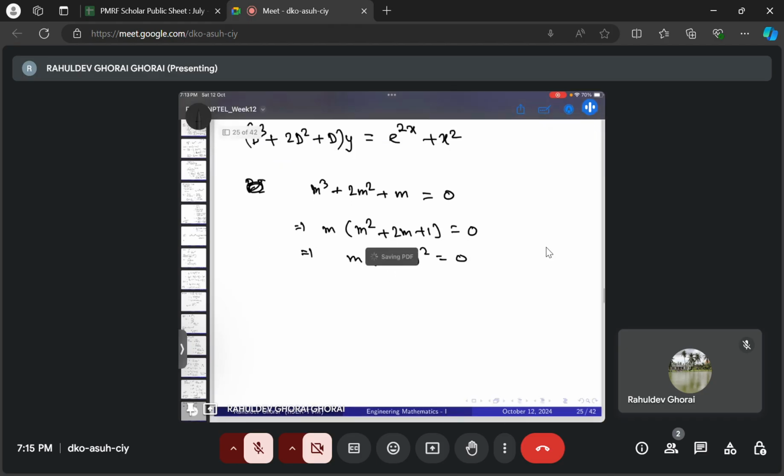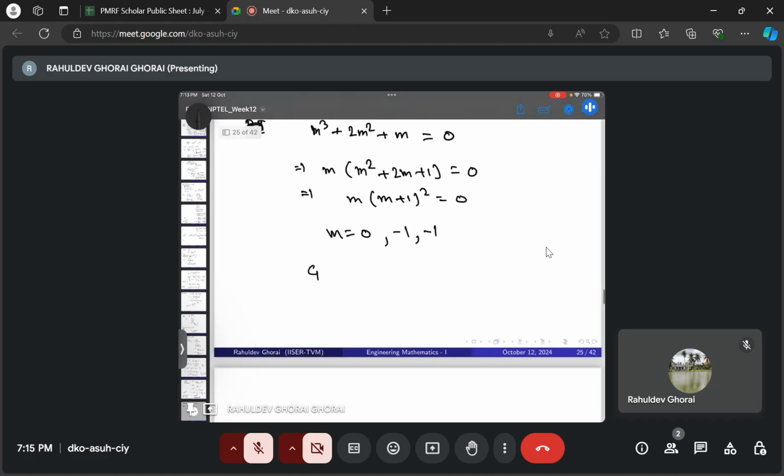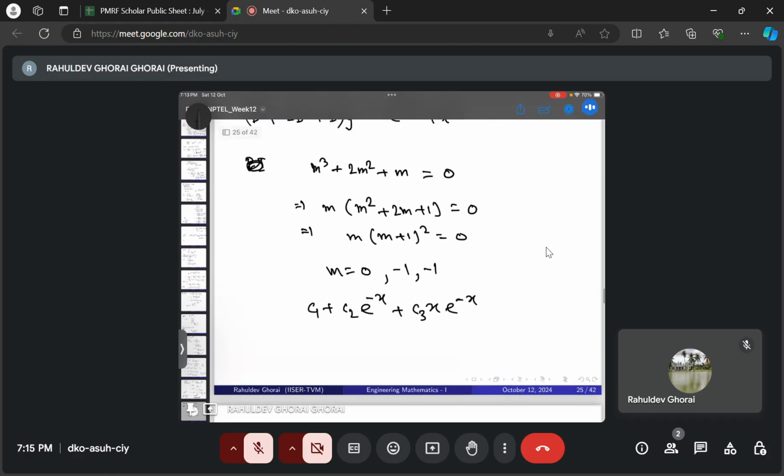So m will be 0, minus 1, minus 1. So it will be c1 e to the power 0x, which is constant 1, plus c2 e to the power minus x plus c3 x e to the power minus x. That is your solution for the homogeneous equation, right?